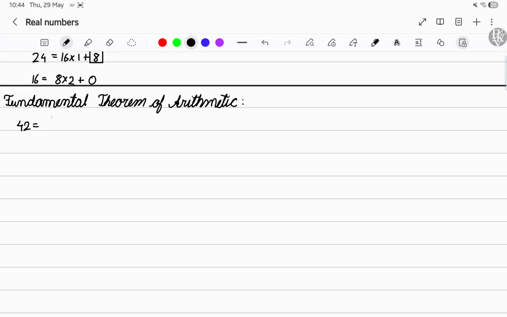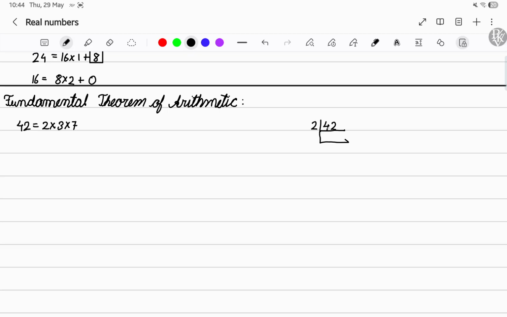Now 42 can be written as 2 multiplied by 3 multiplied by 7. How did I get it, you might ask? See, first write 42 and then draw this. Okay, now you check the first prime number 2. Does 2 go here?